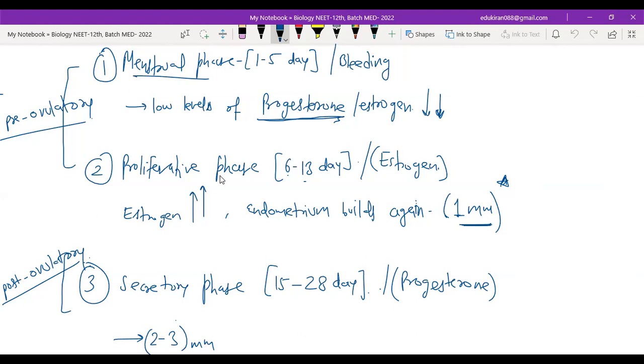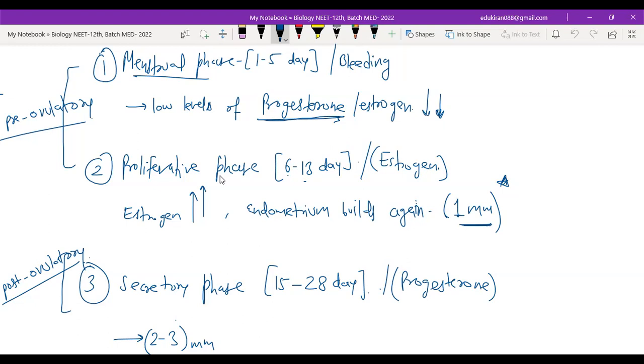Can you repeat this point again? Yes. High levels of estrogen cause the endometrium to thicken and develop blood vessels and glands in it.